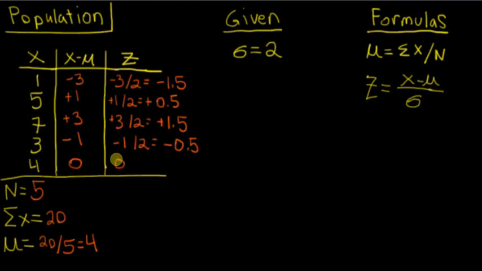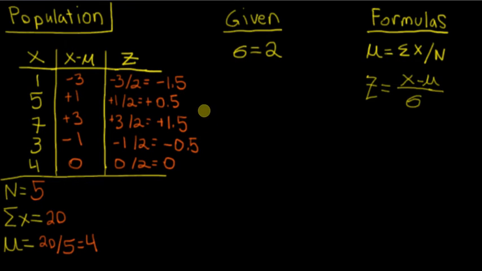And then 0 divided by 2 equals 0. So what you'll notice here, it's interesting, is that the z-score for x equals 4 is 0. And the reason is that our mean for the set of x scores is 4.